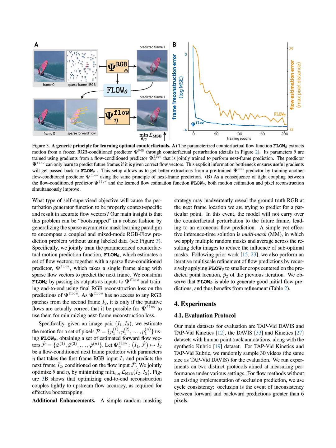Next, the RGB conditioned next frame predictor, Ψ_RGB, generates predictions for both the perturbed frame, I_1', and the original frame, I_1, resulting in I_2' and I_2 respectively.